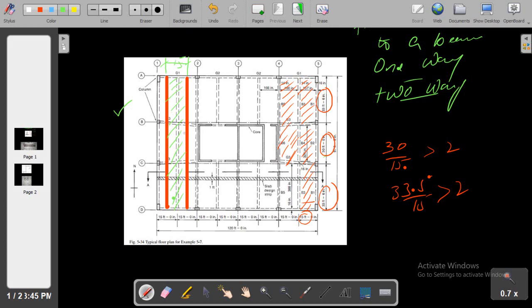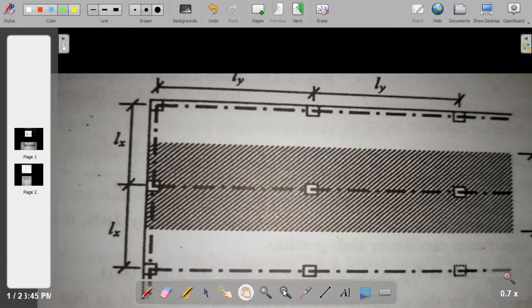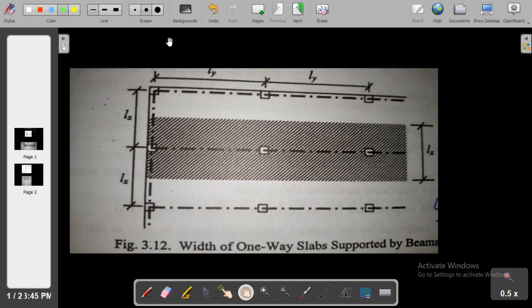So in the case of a one-way slab system, it is so simple to calculate the loading over a beam. As you see in this example, LX and LX are the shorter span and LY is the longer span. The tributary area for this beam will be equal to the dashed lines, as you can see here.